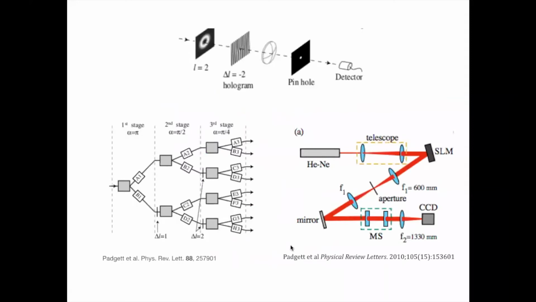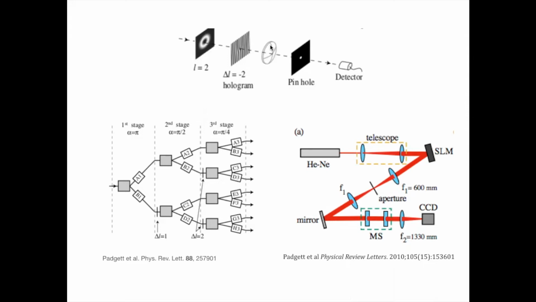So as examples where this really plays a role, you can have these Laguerre-Gauss modes. These are modes that carry a certain orbital angular momentum, and these modes can be measured by using holograms that unwind the mode. You can think of a corkscrew wavefront, and you can make it flat again by using the right hologram.